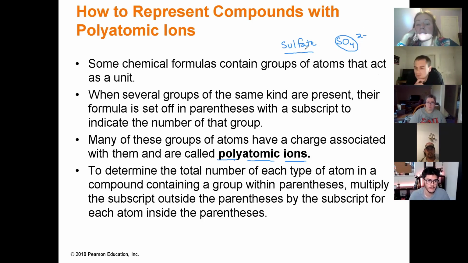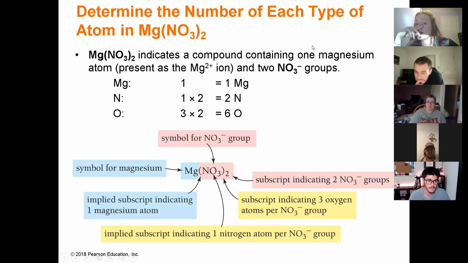So you will sometimes see these polyatomic ions in compounds, and you need to be able to identify how many there are. This thing here is magnesium nitrate. It's magnesium with nitrogen and oxygen combined as a polyatomic ion. Now, if we have more than one of these polyatomic ions, we represent it by putting parentheses around it and then putting the multiplier on the outside.